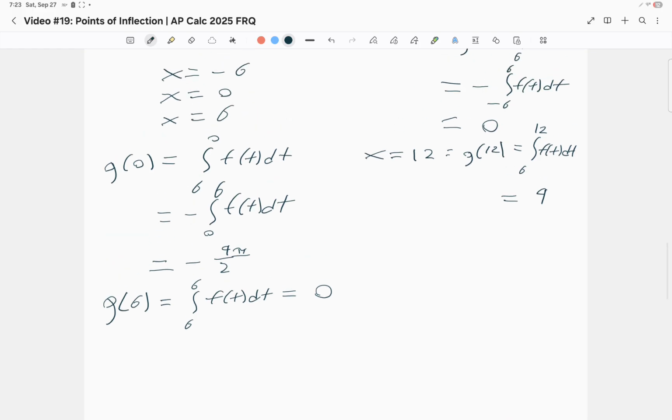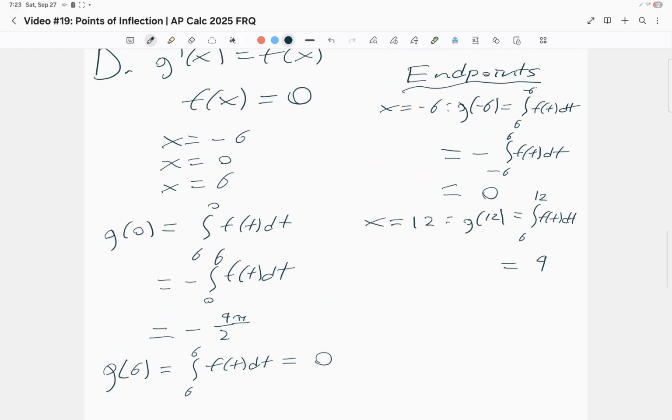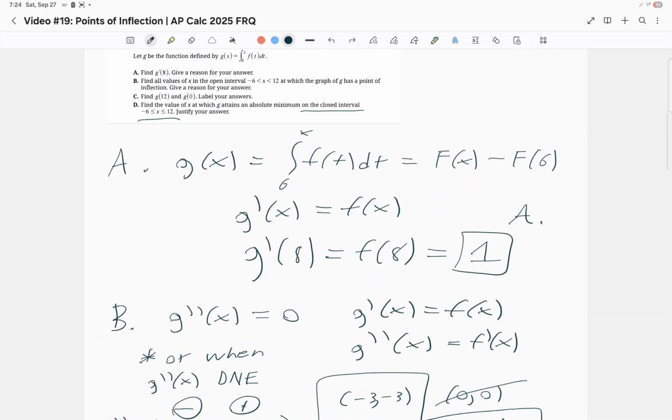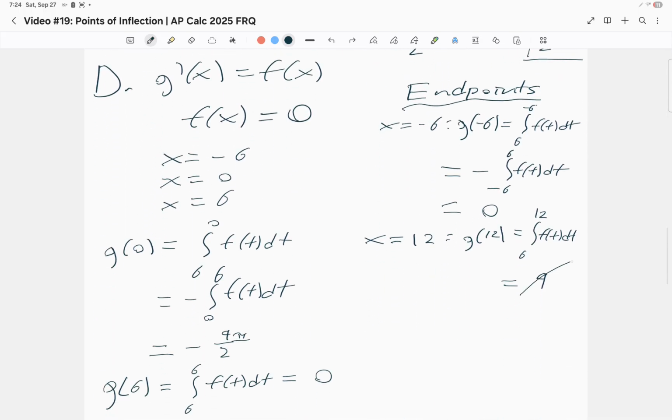So if we look at all of our points at which we just found the functional value of g, 9 was the largest, but they're asking for an absolute minimum. So 9 is out. 0 is also out because we got 0 twice, and it's not the smallest, which is negative 9 pi over 2.